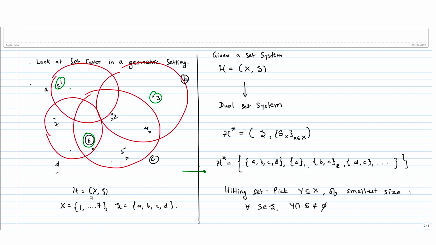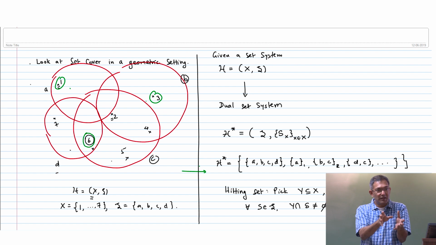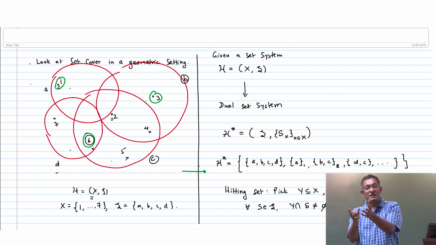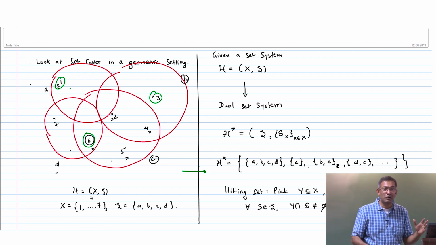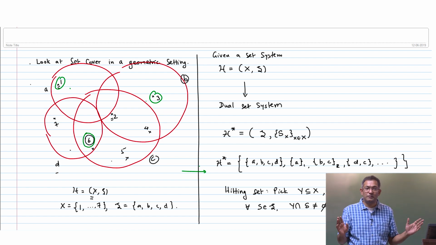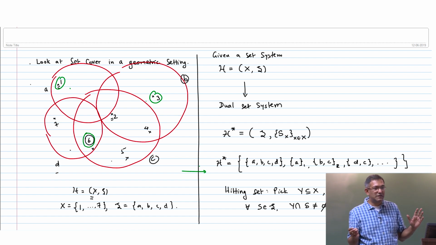In the set cover problem, I want to pick the smallest number of sets so that if I look at any point, there is at least one set covering it. When you look at the dual, their roles have changed. So the hitting set problem in the primal set system becomes the set cover problem in the dual set system. While I'm calling it the hitting set problem, it's really just a set cover problem. Does that make sense?